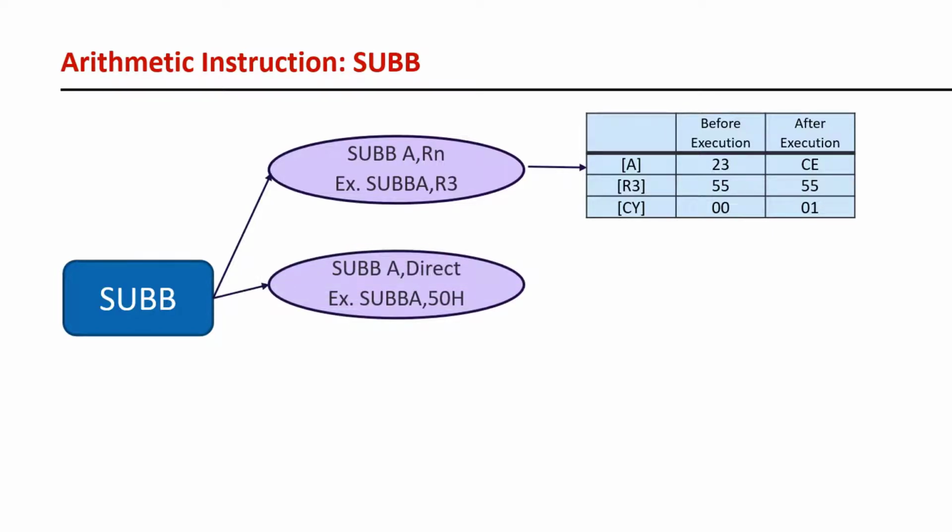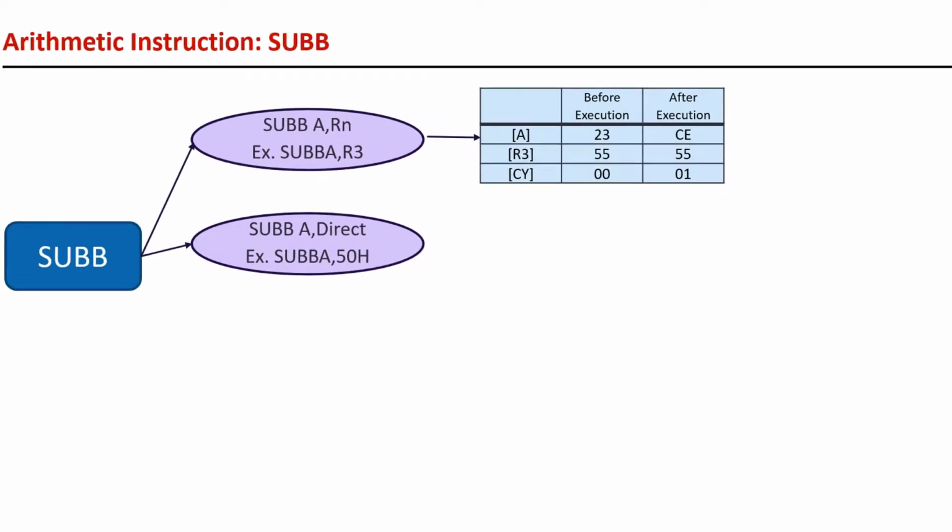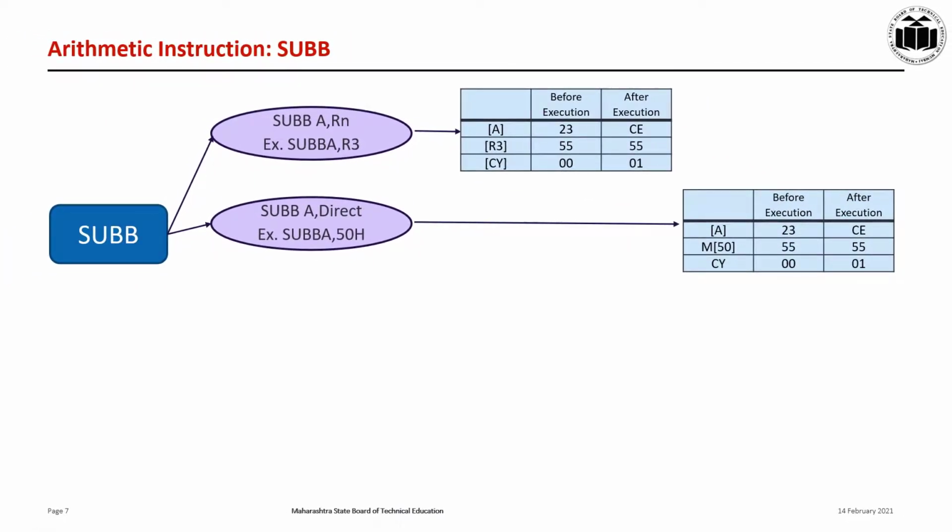SUBB A, direct. This instruction subtracts the content of direct internal memory location given in the instruction and content of carry flag from accumulator and store the result in accumulator. SUBB A, @Ri.